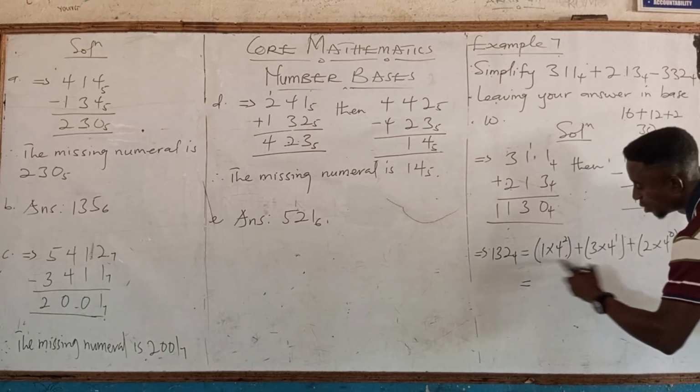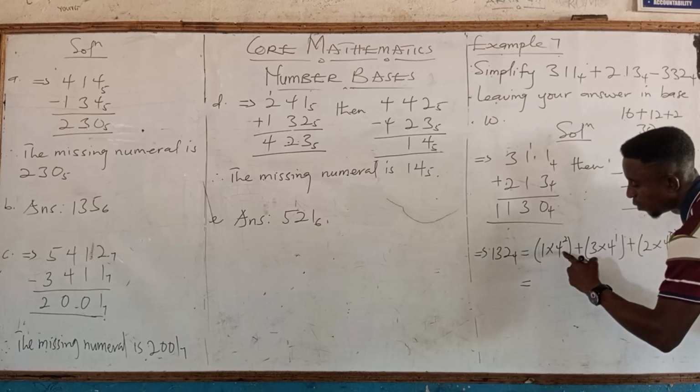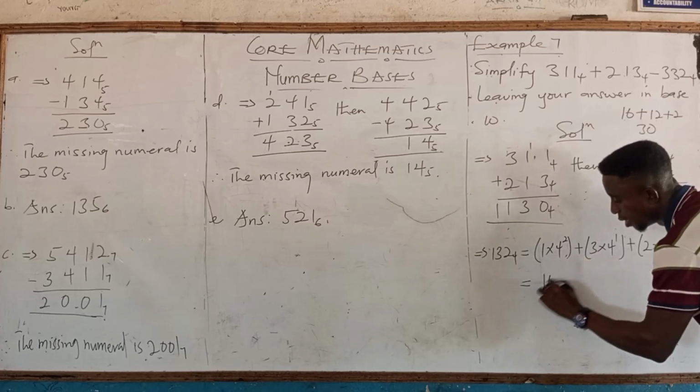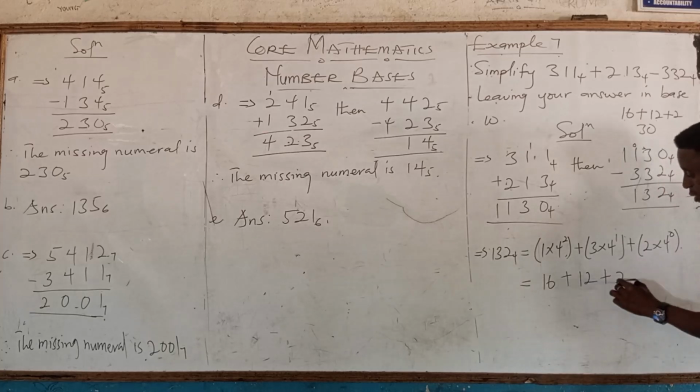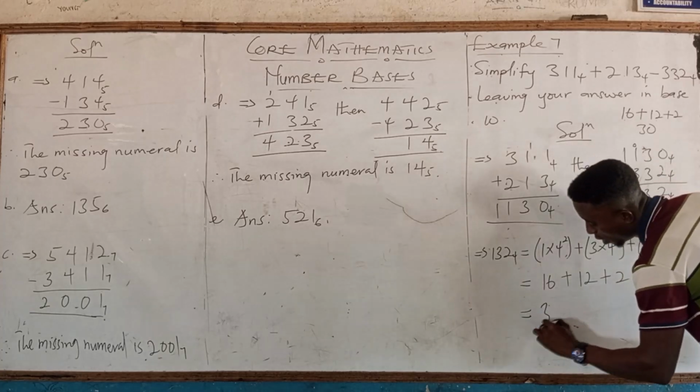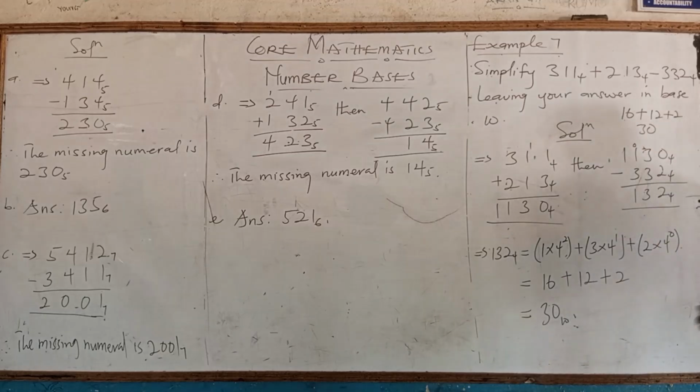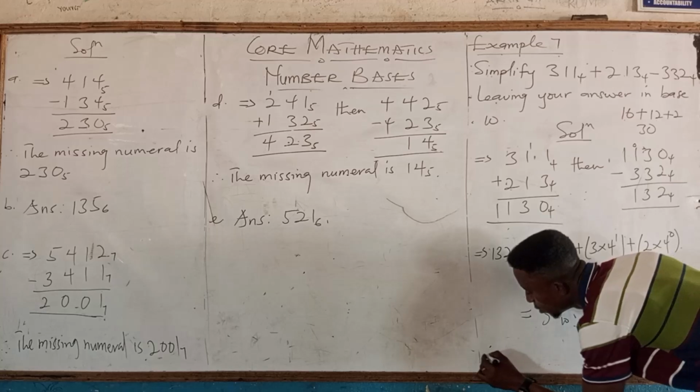And this one will get us 16 times 1, 16, plus 3 times 4, 12, plus 2. And it will get us 30 base 10, because we have to convert to base 10.